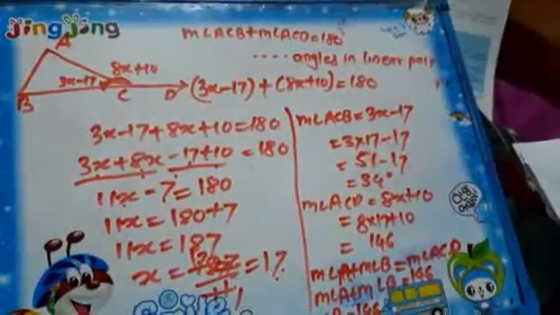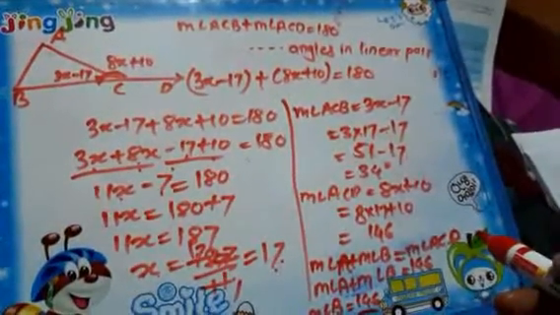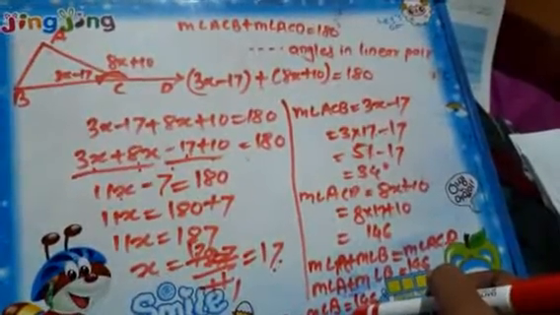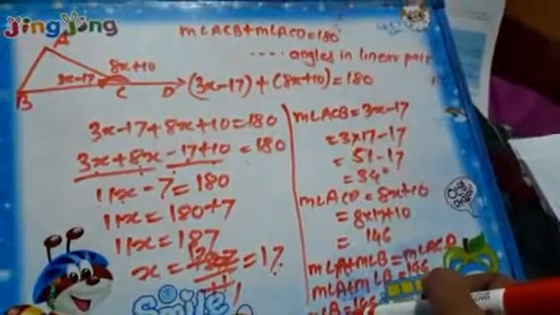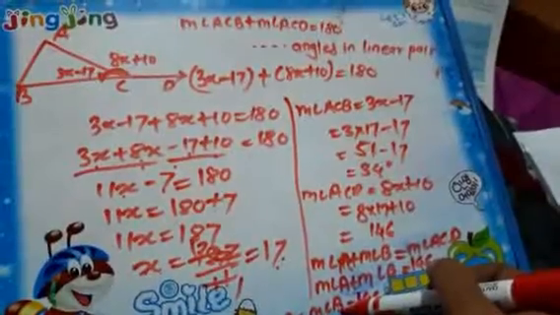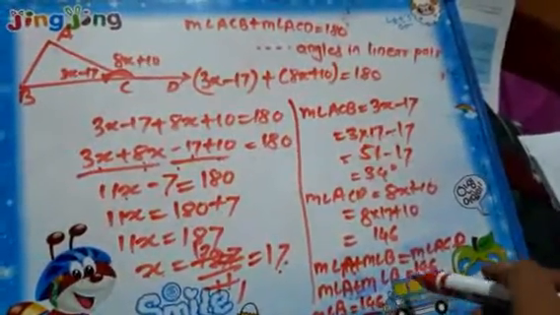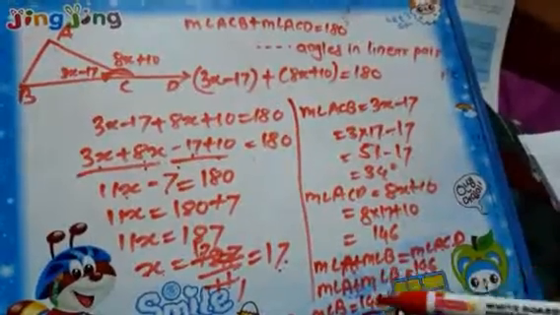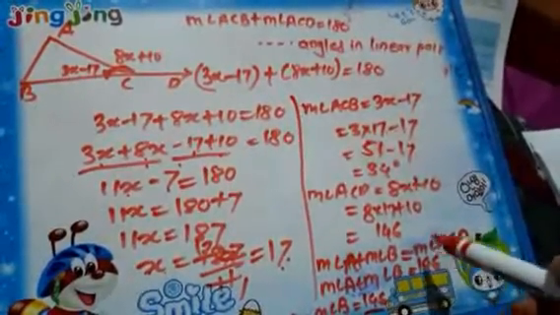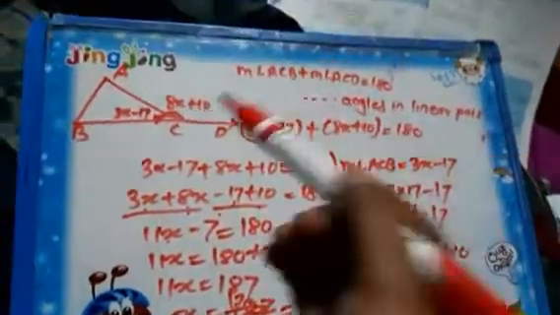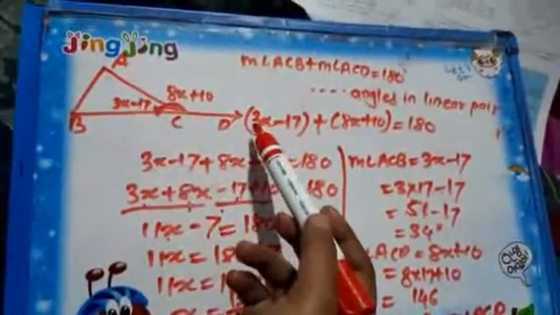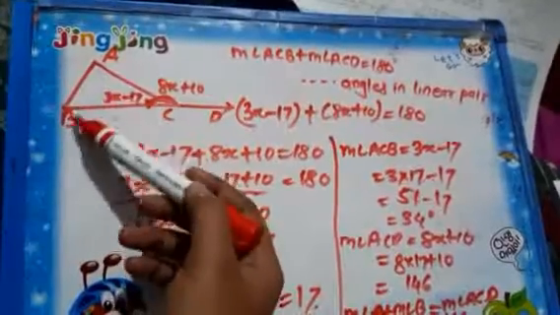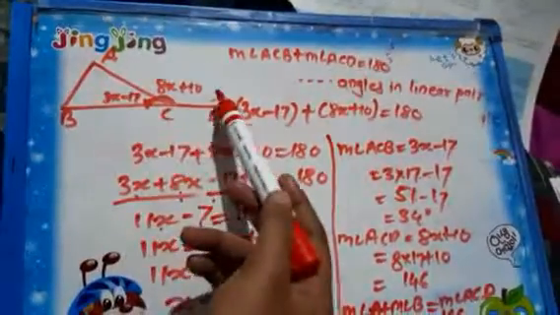This measure of angle A and B, they both are equal. Why? Because this triangle is isosceles. Isosceles means their two angles are of equal measures. So angle A and angle B are equal. That's why measure of angle A is equal to measure of angle B. Now for this triangle, as ACD is exterior, its measure will be measure of angle A plus measure of angle B, because they are remote angles for this exterior angle.